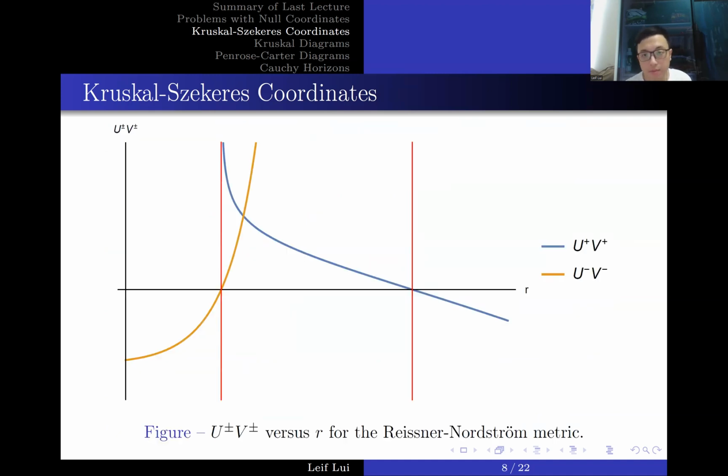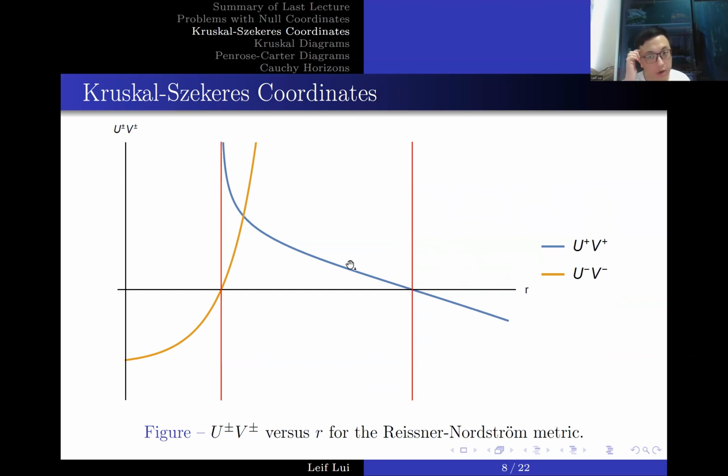So looking at the behavior of the function, the blue line represents the product u plus and v plus, and the yellow line represents the product u minus and v minus. And you can see that the u minus v minus coordinates form a monotonically increasing function here, but the u plus and v plus coordinates form a monotonically decreasing function at this point.